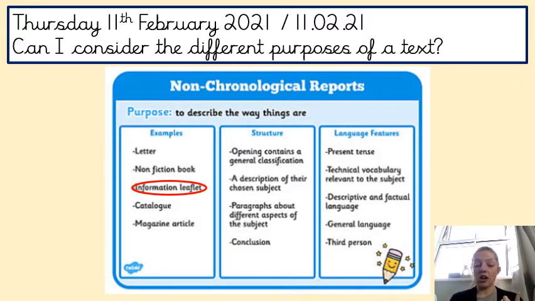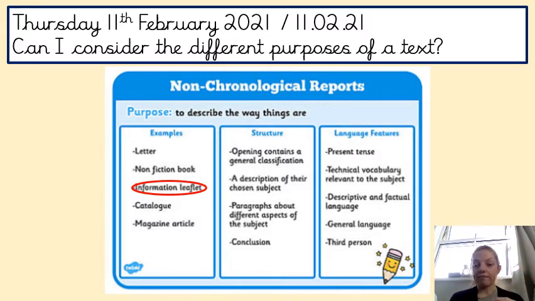Language features, it is going to be in the present tense. There will be technical vocabulary relevant to the subject. So if you've got a report on owning a pet, you're not going to be looking at the different ingredients you need to bake a cake. So you aren't going to have vocabulary like flour, eggs, water, butter, or blending, are you?